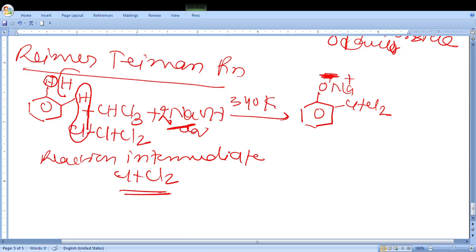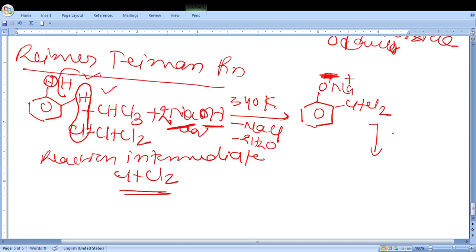What will be removed? See, one NaCl, and look at these two OH and these two H. So 2 H2O will be removed.